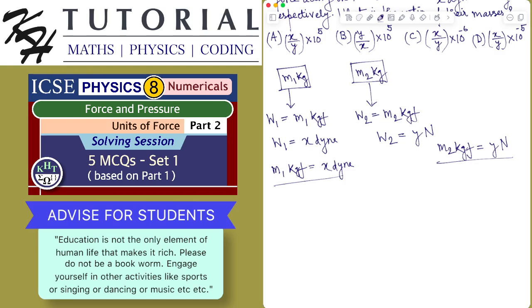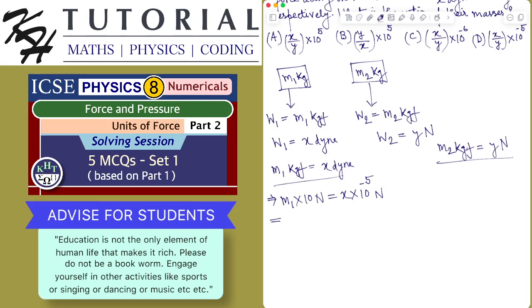Okay. Now this implies 1 kgf is 10 Newton, so m1 kgf will be m1 multiplied by 10 Newton. X dyne, I know 1 dyne is 10 to the power minus 5 Newton, so x dyne will be x multiplied by 10 to the power minus 5 Newton.